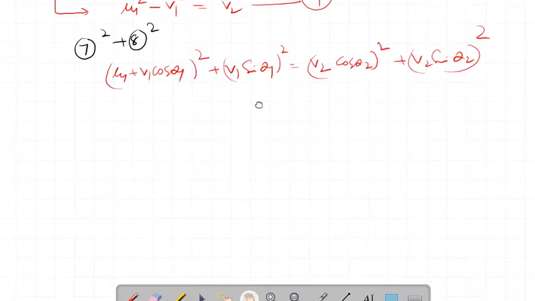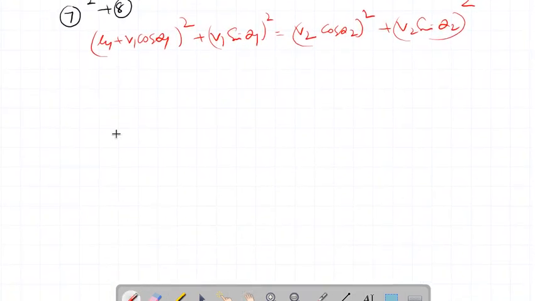So this can be simplified as u1 square plus v1 square cos square theta 1, sorry, it is minus.